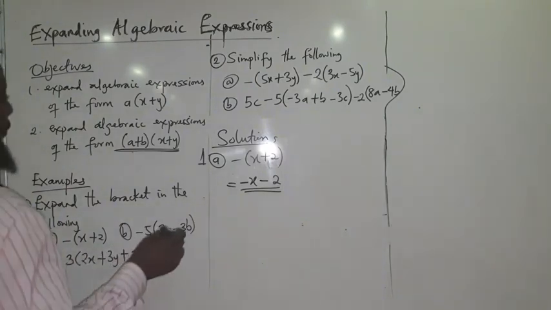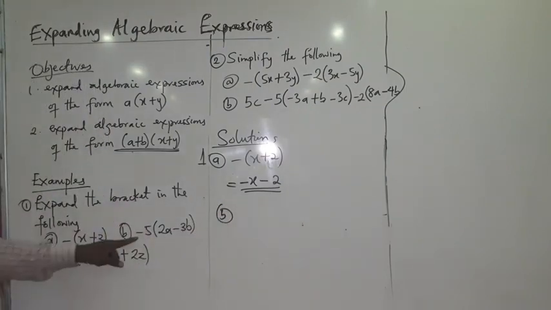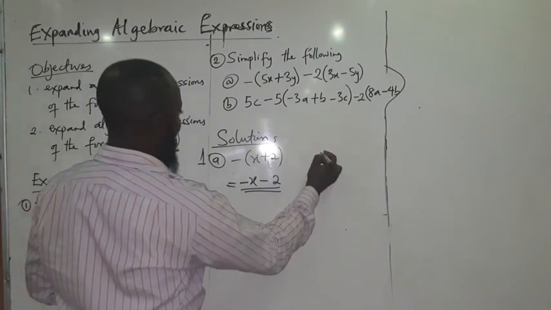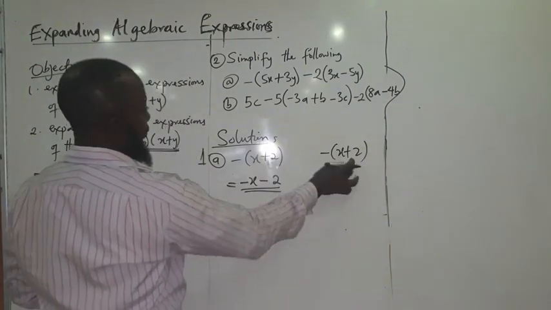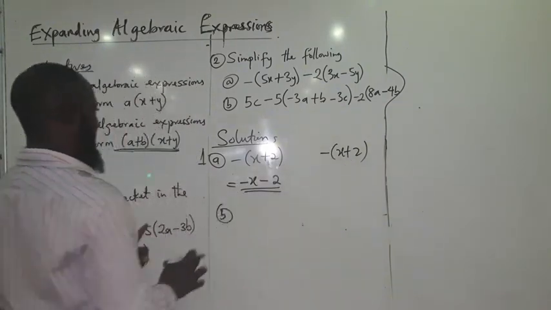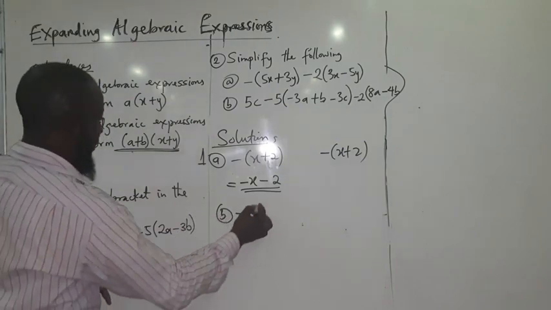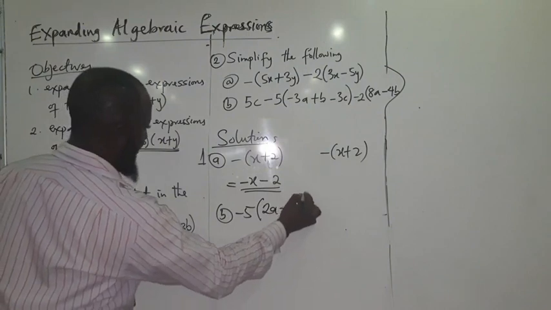Then for B, we have minus 5 into the bracket 2a minus 3b.